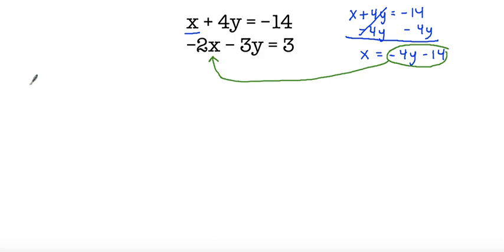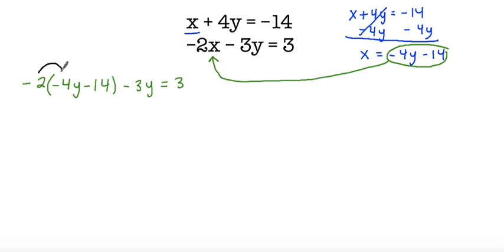So negative 2 times negative 4y minus 14 minus 3y is equal to 3. And you'll notice here that before we had all x's in our equation, here we have all y's. So by using this, we're going to figure out where these two lines intersect, which y value these two lines intersect at. So then instead of solving for y afterwards, we'll be solving for x.